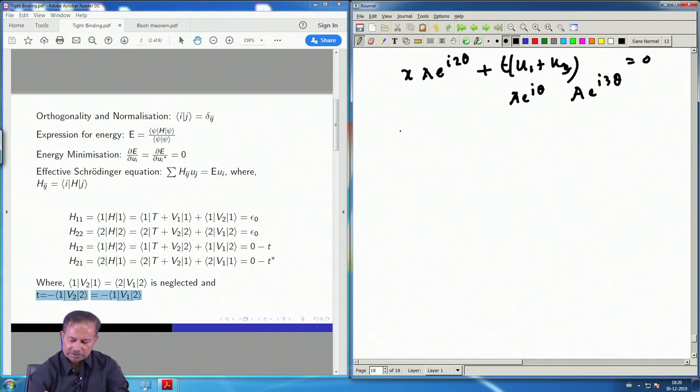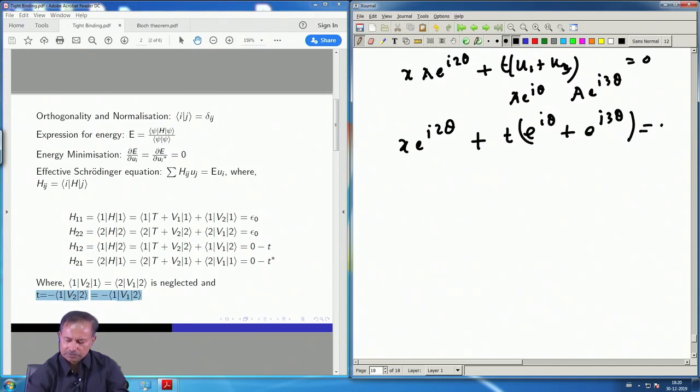The a's will all cancel: x e to the power i 2 theta plus t times (e to the power i theta plus e to the power i 3 theta) equal to 0.